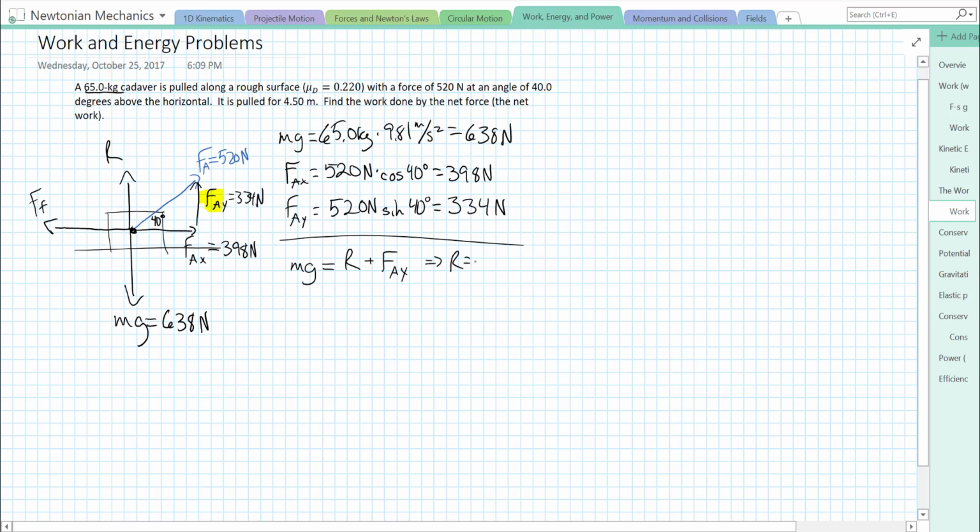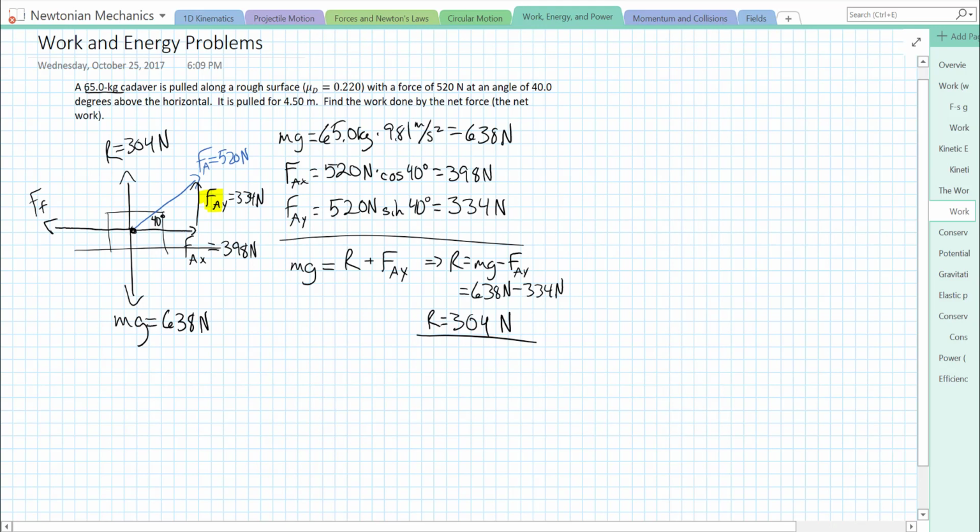We get r equals mg minus our y component of that force, which is 638 newtons minus 334 newtons. So our normal force is then equal to 304 newtons. I'm going to fill that in on my diagram too, 304 newtons.